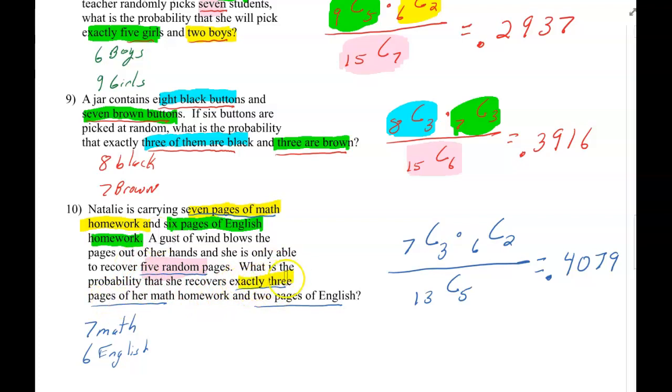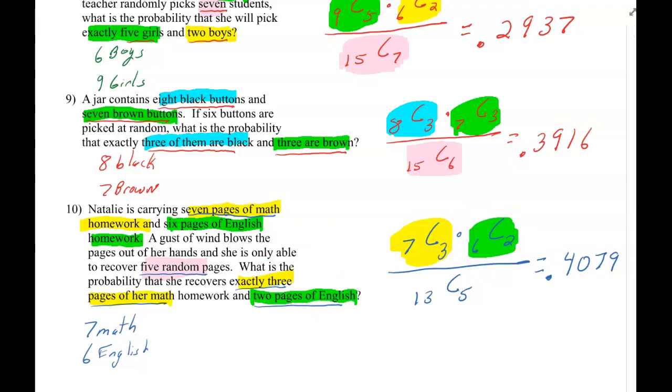So I'm going to highlight the 3 pages of math and 2 English pages. So the favorable outcome, out of the 7 math, she finds 3 of them, so 7 choose 3, times, because the word and, the 6 English papers, you find 2 of them, so that would be 6 choose 2.